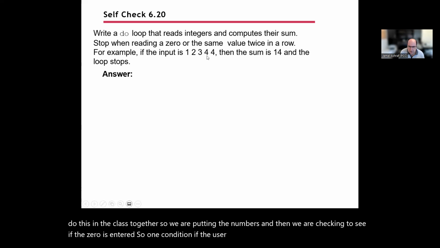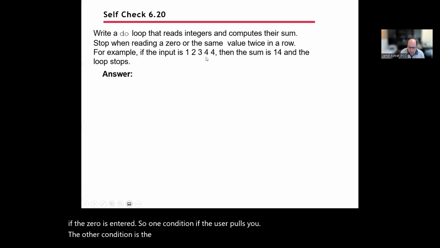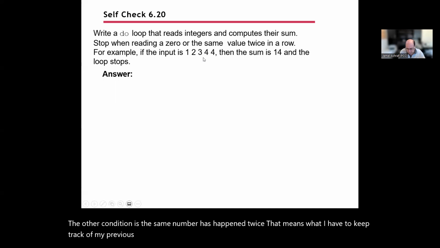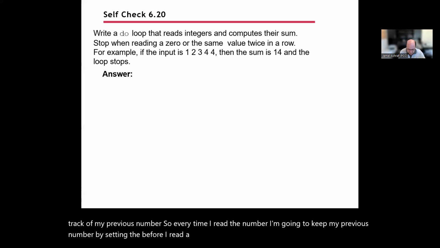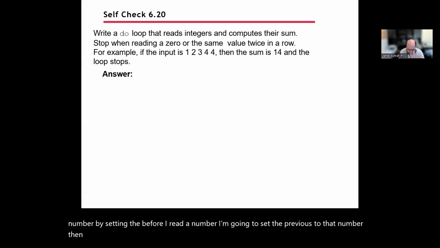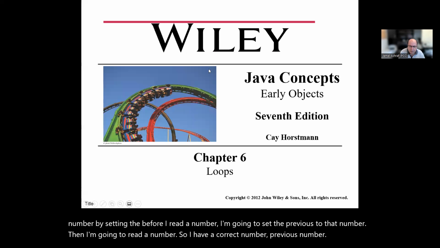The other condition is the same number has happened twice. That means what? I have to keep track of my previous number. So every time I read the number, before I read a number, I'm going to set the previous to the current number, then I'm going to read a number. So I have a current number and a previous number. All right, I'm going to stop this one right here for now.